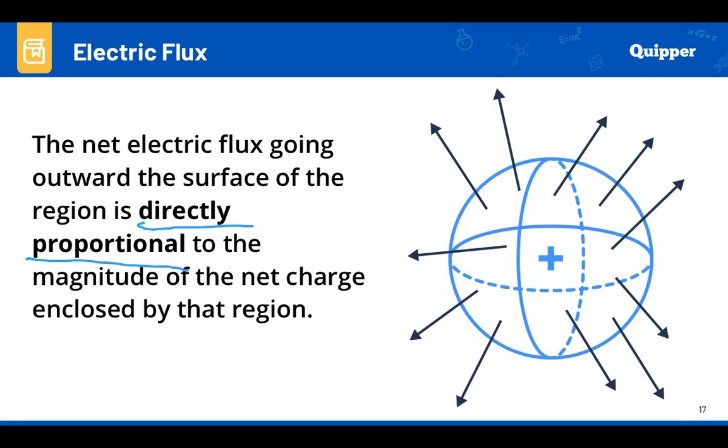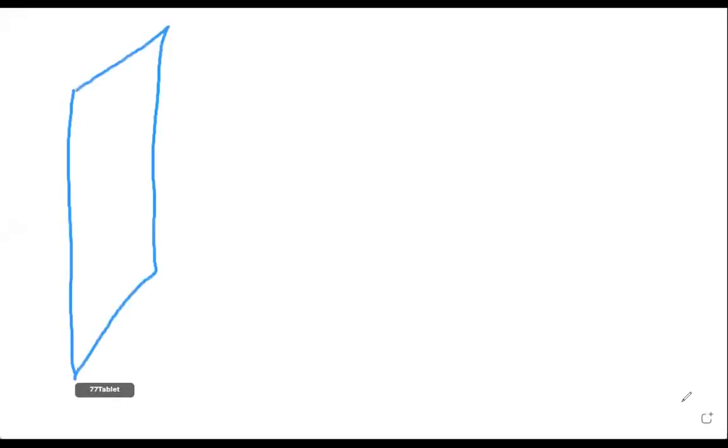So ibig sabihin dito, for example, sige, magkuhan ako ng example. I will share my whiteboard. For example, we have here, meron ito yung pinaka-source. This will be the main source or main plate, kung tawagin.